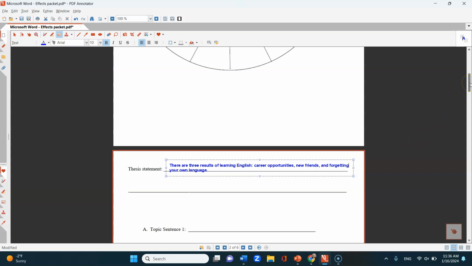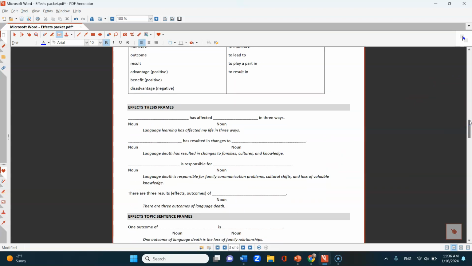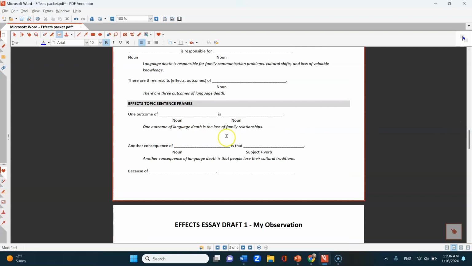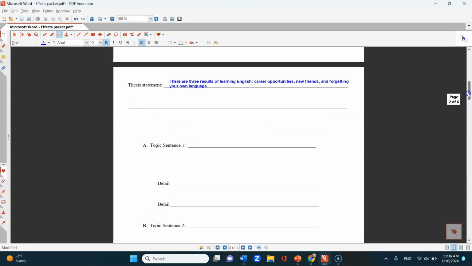Now it is time to write the topic sentence. The first topic sentence is going to be about career opportunities. So I can look back to my sentence frames and say, one outcome of blah, blah, blah is blah, blah, blah. Okay, I'm going to just do that one to keep it simple the first time around.